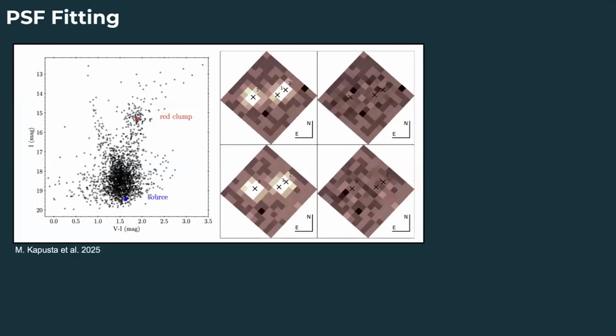So typically in high resolution imaging analysis, we do point spread function modeling, fitting to the data. The left just shows a color magnitude diagram of the stars surrounding the target. The source in blue down there is pretty faint with respect to the nearby stars on the CMD, about 19 or 19 and a half in I mag.